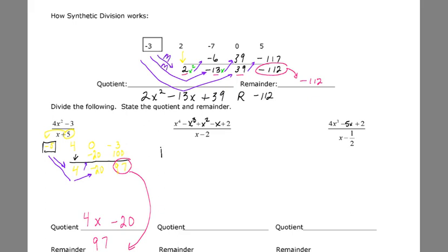Let's set the next one up. In the box, I'll take that, change its sign, and put in the box a positive 2. Let's list all the coefficients. It's in descending powers, so the coefficients are 1, negative 1, 1, negative 1, and 2.